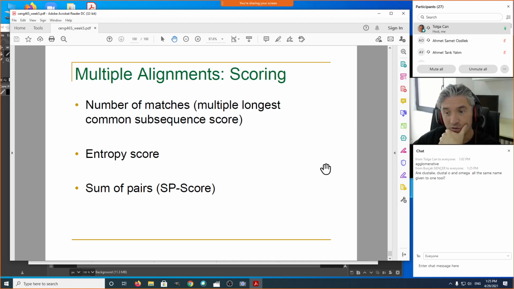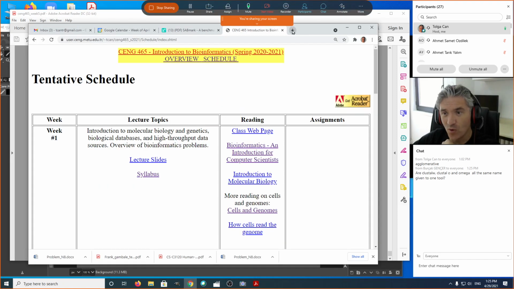Actually, Clustal Omega, Clustal W, there are different versions of the tool, with small improvements. Clustal W, I think, was the first version. Then Clustal Omega. There are different versions of the same tool with small improvements, just like BLAST has PSI-BLAST and MegaBLAST.